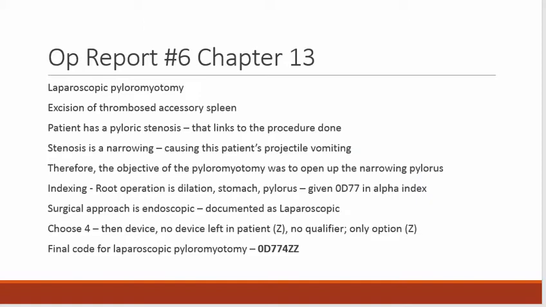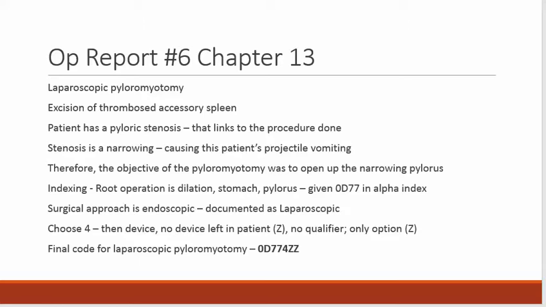Moving to the next one, operative report number 6. Per the clinical information, this patient is having a problem with their pyloric stenosis. They're having projectile vomiting, and that is important information because that gives us a clue to our root operation.